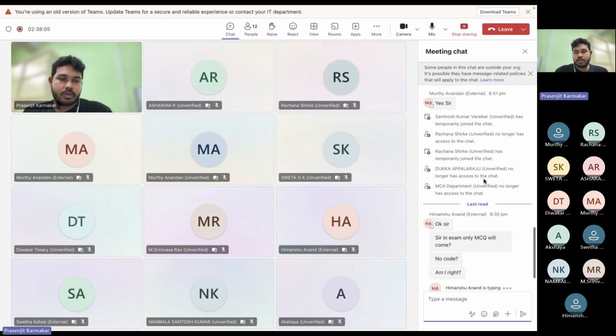No, no code as such, because I don't think there will be any IDE support in that exam environment. But you can expect small code snippets and you have to fill out some part of that snippet.